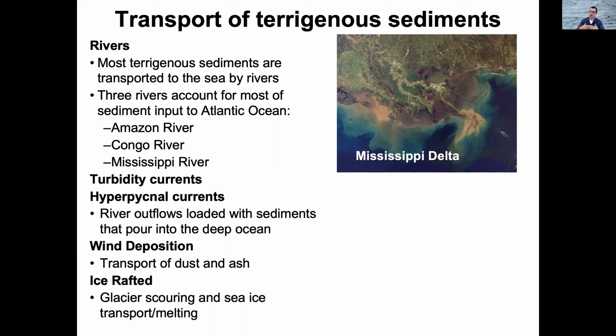But the lighter fresh water can actually get denser than salt water if it gets enough sediment in it. So as you load sediments in the water, that water gets denser, and if it gets dense enough, you get a hyperpycnal current, which essentially means that as a river flows out into the ocean, it immediately sinks down and transports a lot of sediment down into the ocean depth.